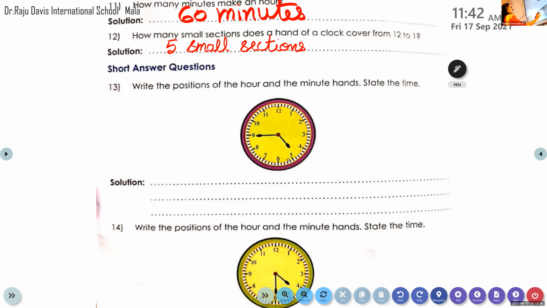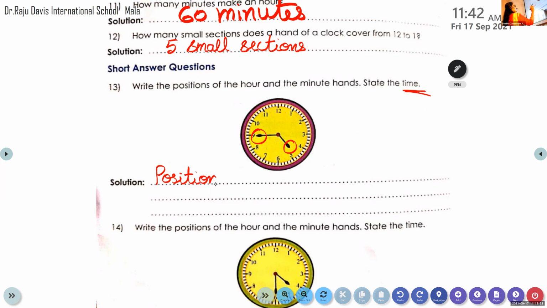Now question number 13. Write the positions of the hour and the minute hands, and you have to state the time also. You have to tell me first, what is the position of the hour hand?